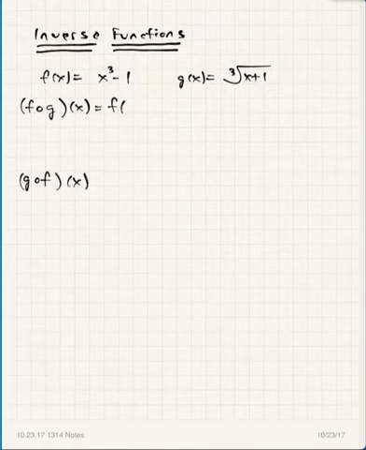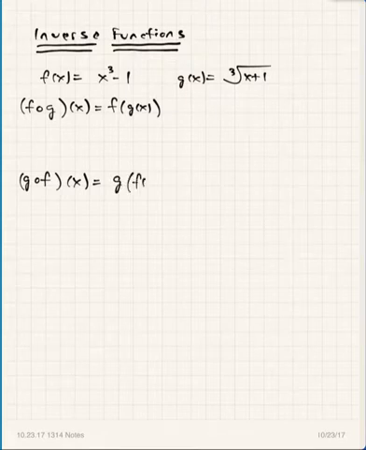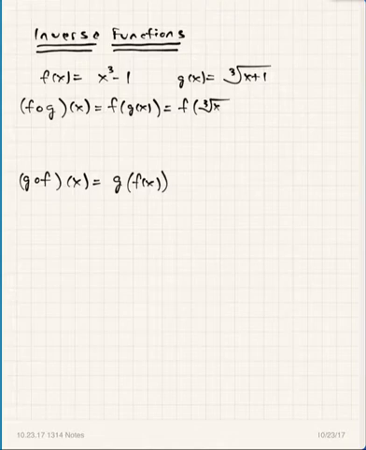The definitions are that f circle g is defined to be f of g. It means we're going to stick the g function into the f function. And g circle f is defined to be g of f. It means we're going to stick the f function into the g function. All right, so when you have f of g, this would be f of the cube root of x plus 1.